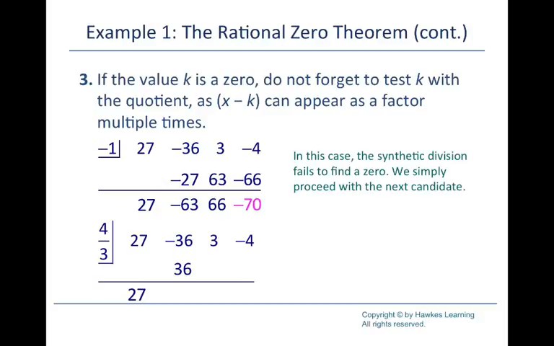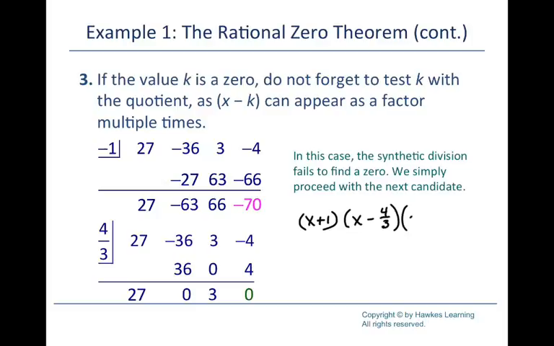That will add to be 0. 0 times anything is 0. So then we have 3. And we multiply 3 times 4/3, and that's going to be positive 4. And so 4/3 is another factor. So now we know 2 factors. We know we have x plus 1 and x minus 4/3.